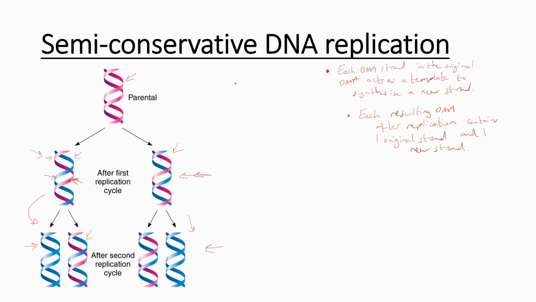Okay, so how has this been proven? What experimental evidence did scientists use to show that semi-conservative replication occurs in organisms? Well, the first point is that if we have DNA in bacteria, we can label the DNA or incorporate two different types of nitrogen in the DNA.